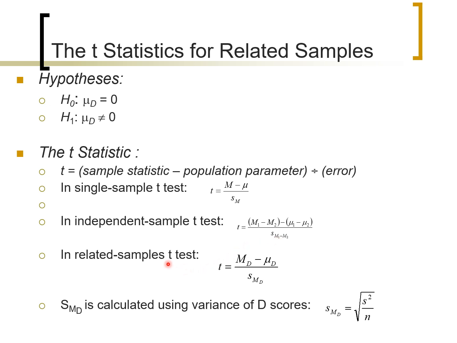Now, how is our related samples t different from that? If we see this subnotation of d, that means we're talking about difference scores. Once again, we don't know our population mean value, so essentially this is 0 when we calculate the t-statistic.